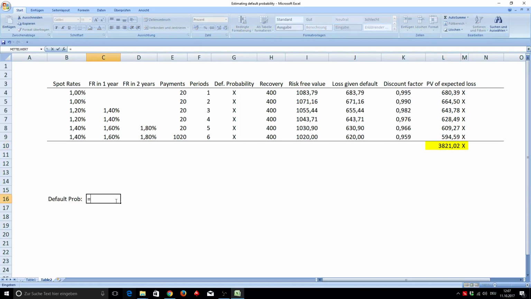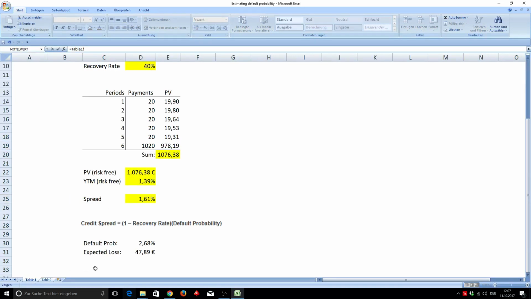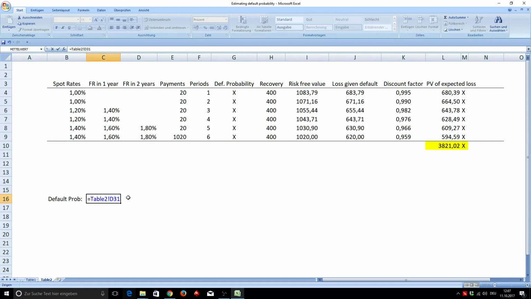We can rearrange this equation, take our expected loss divided by the present value of all our expected losses, and we get a default probability of 1.25%. This default probability is more accurate than the one we've calculated before and gives a pretty good estimate.